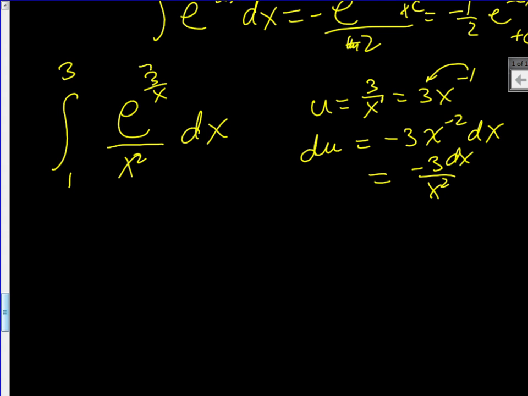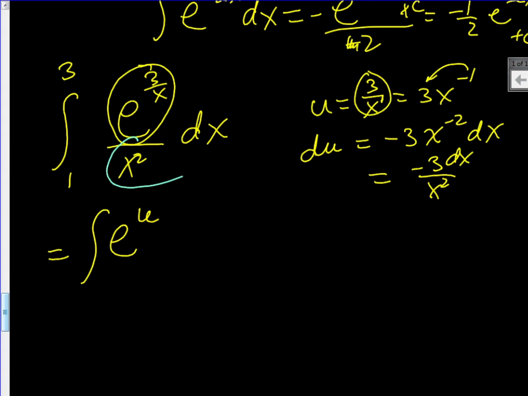Okay, well, this is taken care of. That's e to the u, because u is 3 over x. But what's left over is that. Well, that's good, I have that, but I'm missing the constant. But this just becomes routine now. You can put in the constant as long as you multiply by the reciprocal.